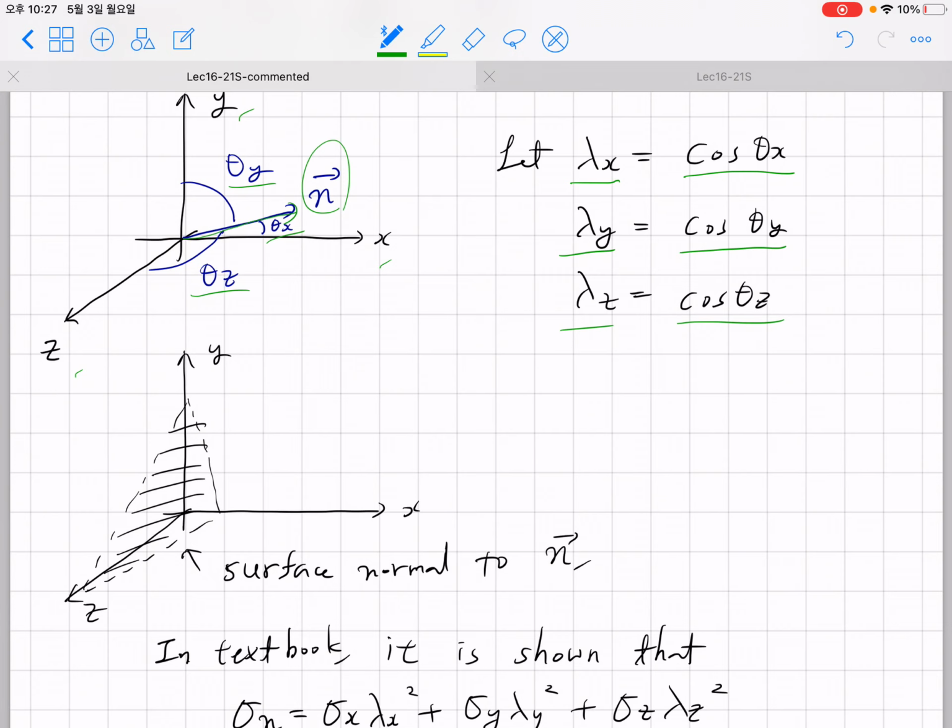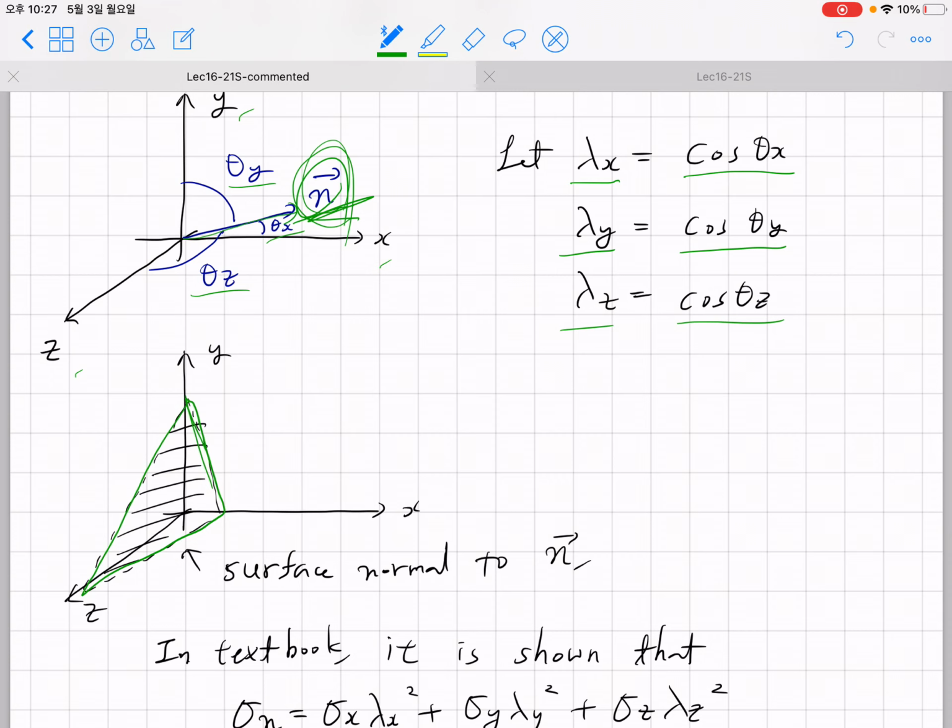After defining this vector n, we can define a plane that is orthogonal to this n vector, so that you can consider this n as a surface normal vector to some sort of inclined surface. So here, after taking a plane that is orthogonal to this vector n, we'll take a triangle using the intersection with the x, y, and z axes.